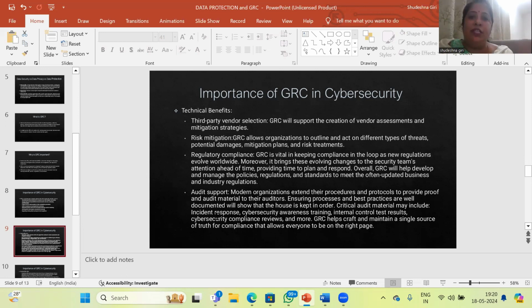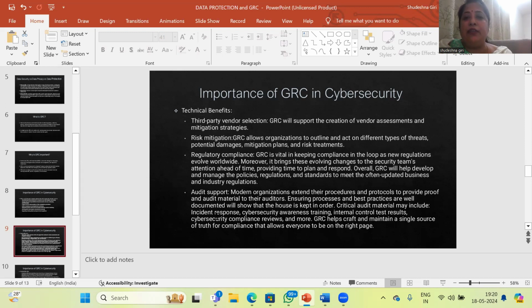So, GRC will support the creation of vendor assessment and mitigation strategy. It also helps in identifying proactive risks, finding out how to mitigate them, and the risk treatment we have to come up with. Regulatory compliance, like I said, there are a lot of regulatory compliances across the world. So we have to keep in mind that this compliance should also know about the new regulations evolved worldwide.